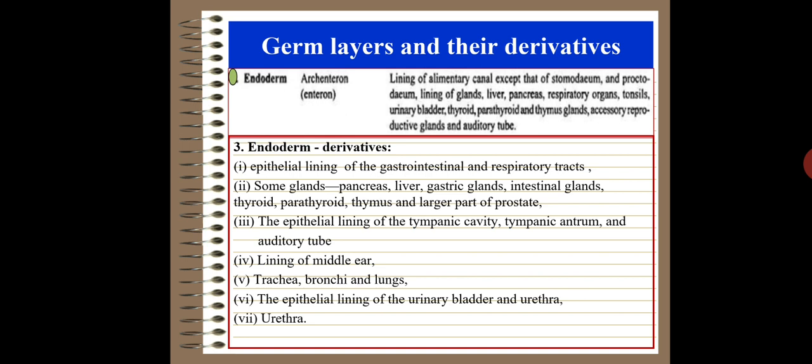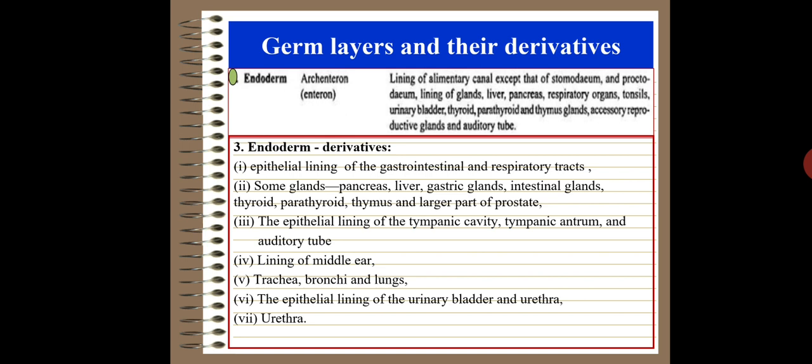Digestive glands, liver, pancreas and some gastric glands, intestinal glands. Some endocrine glands are also derived from endoderm, like thyroid, parathyroid, thymus and most of the prostate gland.